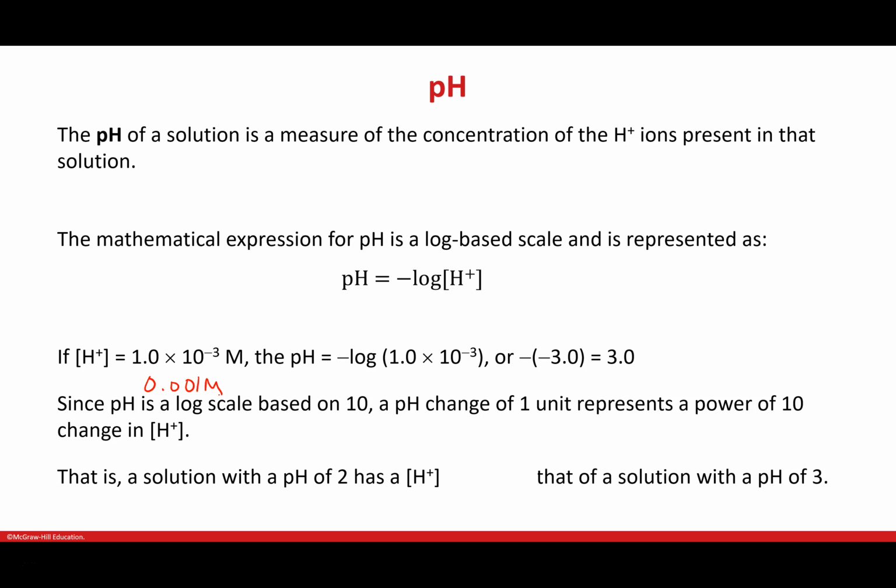Okay, if we compare a pH of 2 and 3, pH 2 is more acidic, right? So it has 10 times more. That's one of the things you maybe don't know yet, and we're going to hit this again when we meet on Wednesday. The neutral pH is 7.